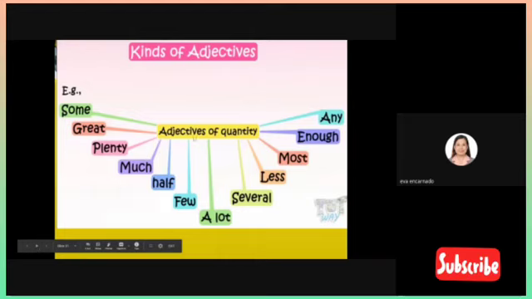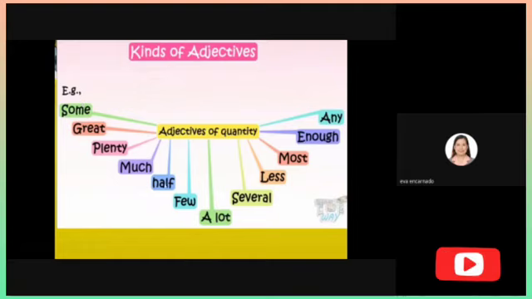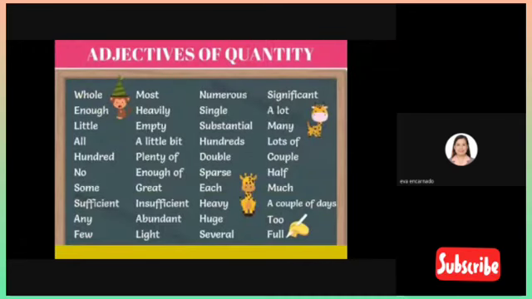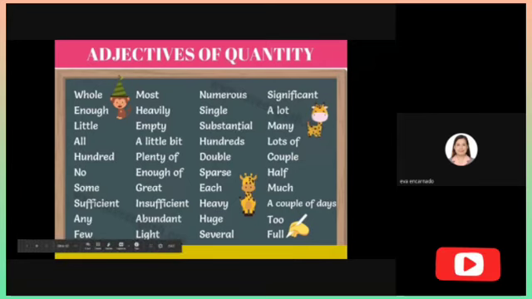Okay, these are some examples of adjectives of quantity. Some, great, plenty, much, half, few, a lot, several, less, most, enough, any. Okay, adjectives of quantity, sobrang dami, okay? So, take a glance. You can just pause this video and then read aloud one by one.